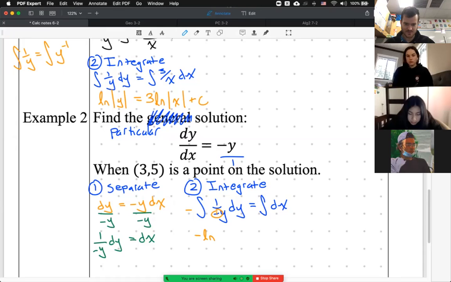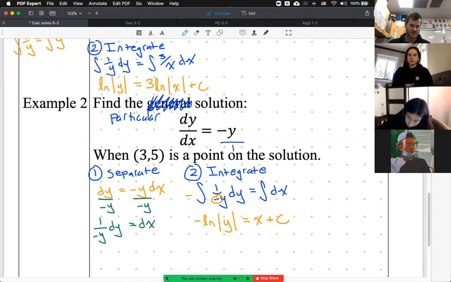Negative natural log of absolute value of y is equal to x, exactly. Because you want to think there's an imaginary 1 that goes up to power x to the power of 1. So x, and then don't forget your plus c. Yeah, that's a whole point just by doing that.